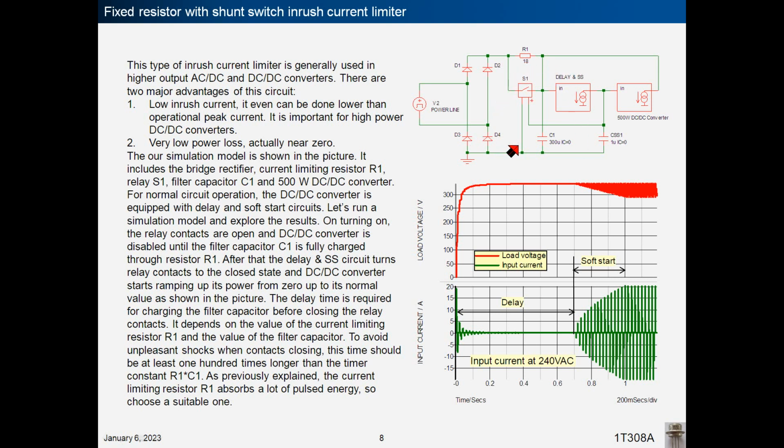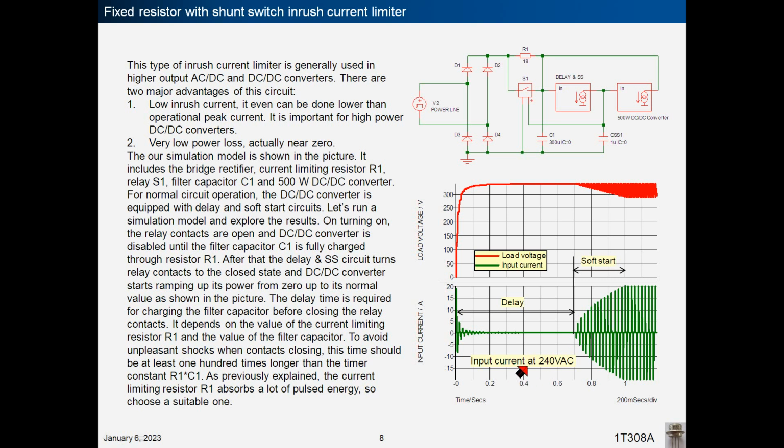After that, the delay and soft start circuit turns the relay contacts to the closed state and the DC-DC converter starts ramping up its power from 0 up to its normal value as shown in the picture. This is load voltage. This is input current.